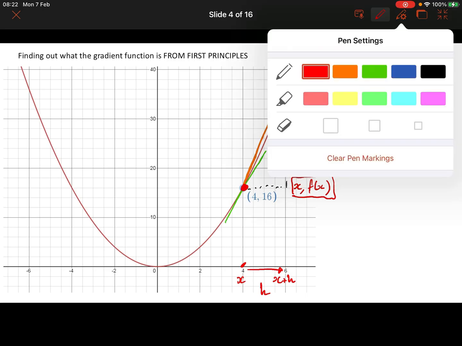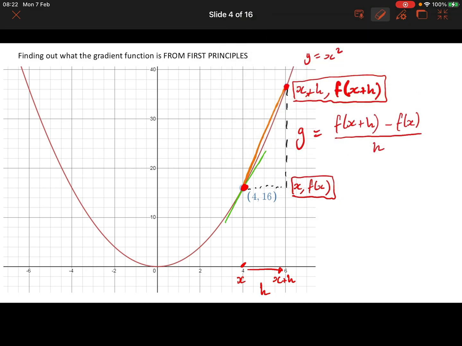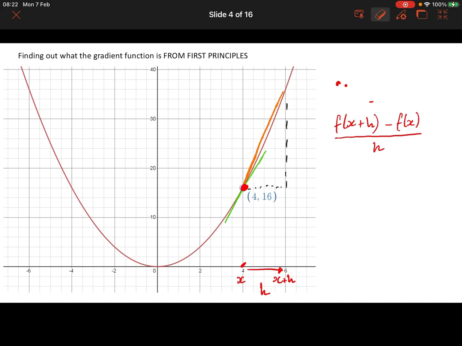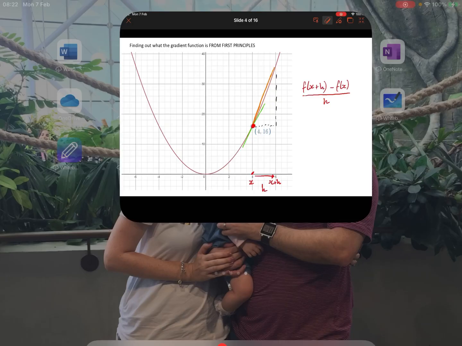So I hope that formula makes sense. Let me just delete some stuff now so that we can clear the decks. Okay. Right, now, so bear that formula in mind. What I'm going to do now is I'm going to go to Desmos, and we're going to have a look at what happens if we actually do it. So, Desmos, where are you?